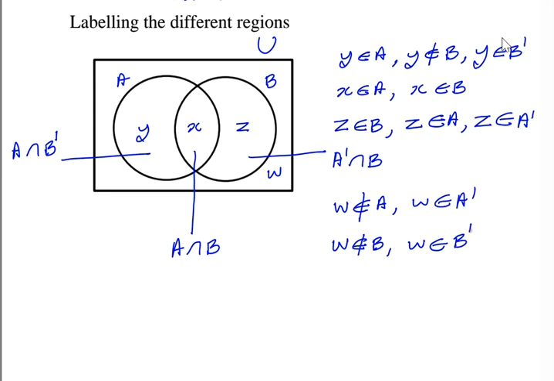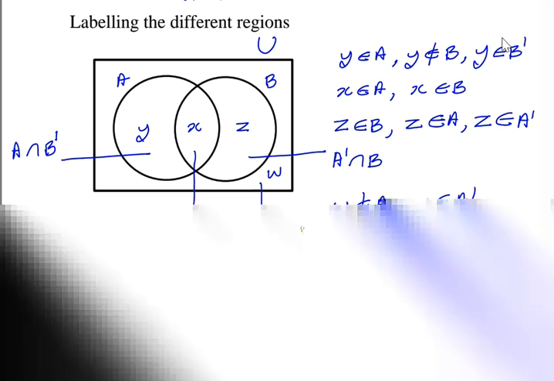W is not an element of B, so W is an element of B complement. So if W is in A complement and W is in B complement, we say that W is in the region A complement intersect B complement.